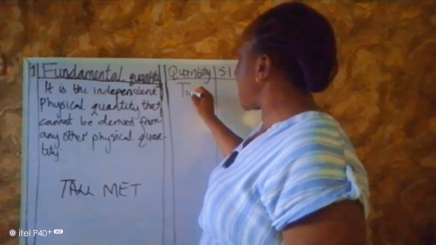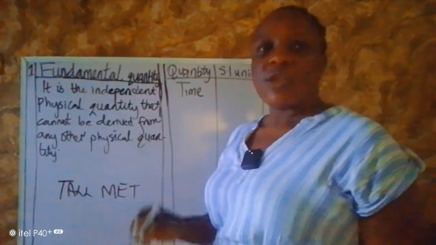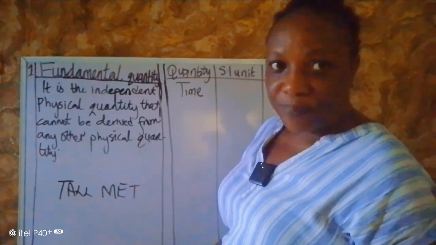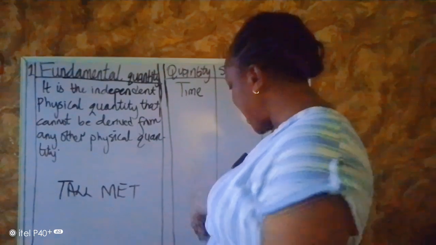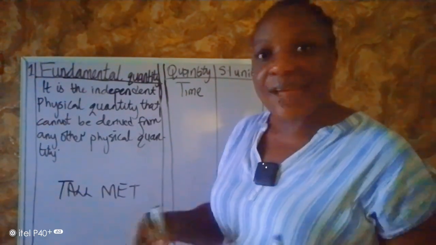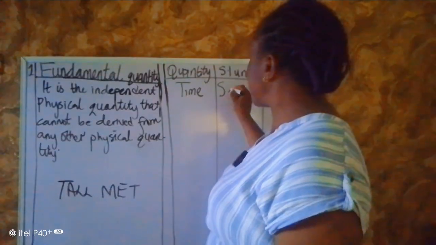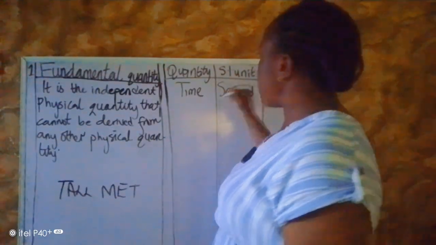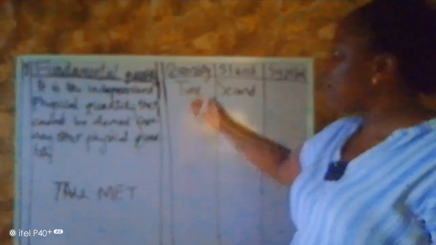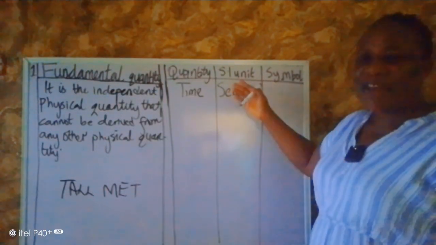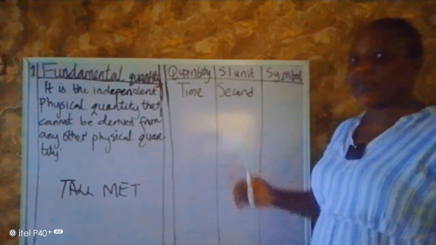Let our T be time. You can start from mass, you can start from length, you can start anywhere. We have our time. The SI unit for time is second. Remember, the quantity tells us about the fundamental quantity, while the SI unit tells us about the fundamental unit.